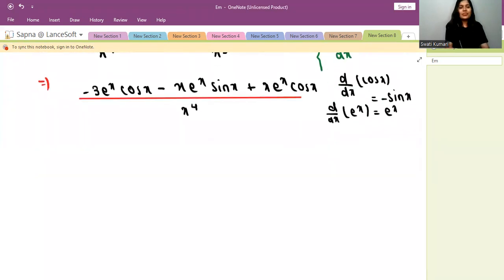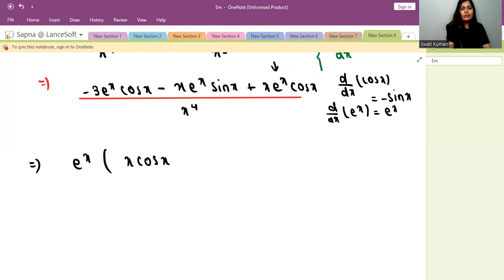So if I just take e raised to x common, because you can see that e raised to x is present everywhere, we are left with, I'm writing the positive part first, okay? That will not make any difference. So x cos x, that means I have taken this part first.